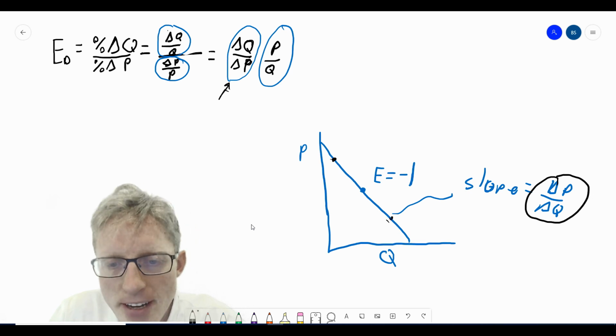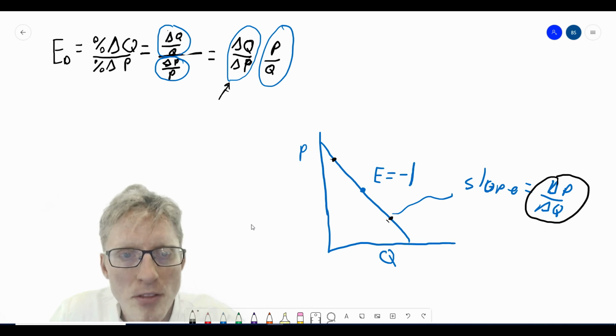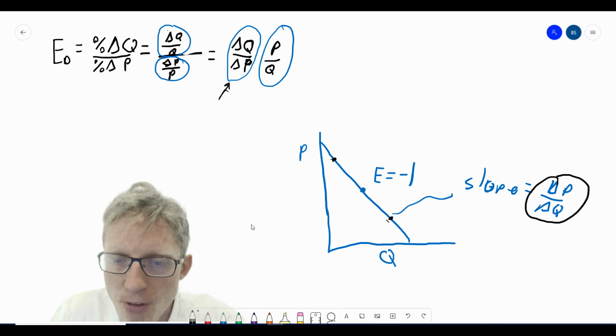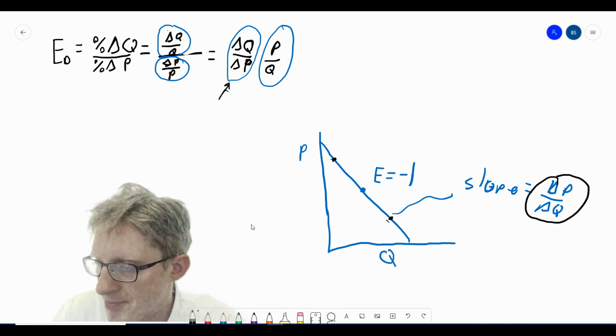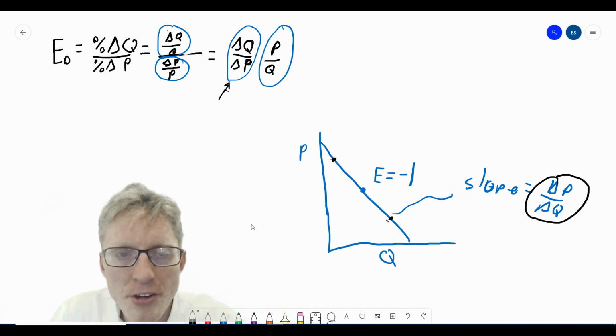If you look down here, this is less vertically high along the graph, so the numerator of this fraction is smaller, and it is further along the horizontal dimension of this graph, so it corresponds to a larger quantity.